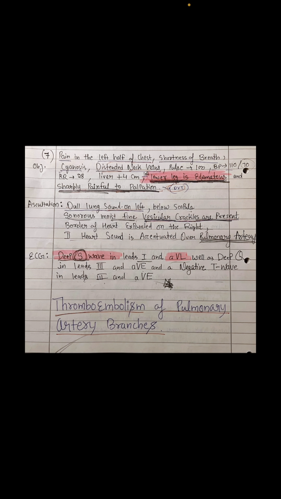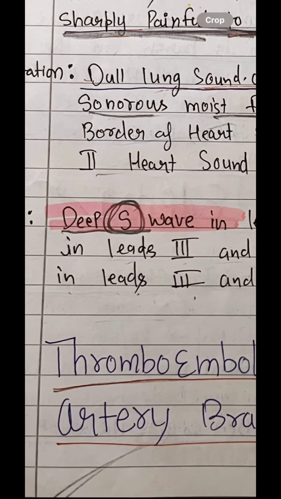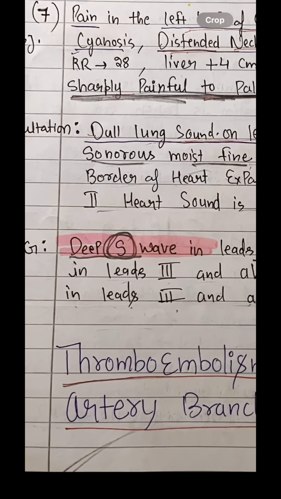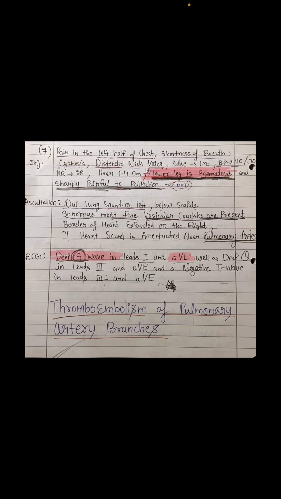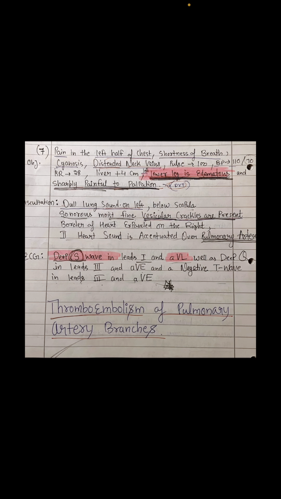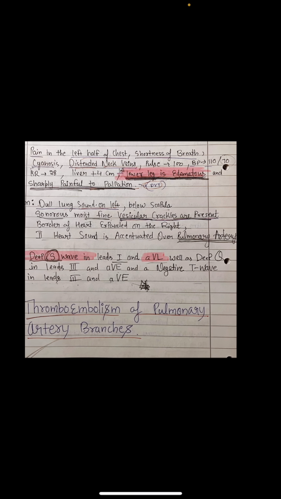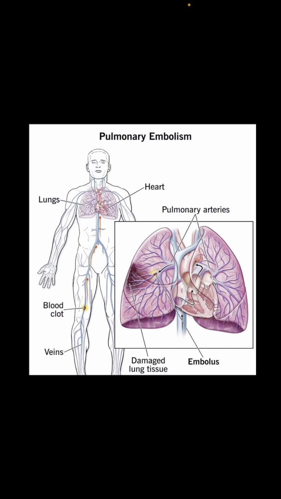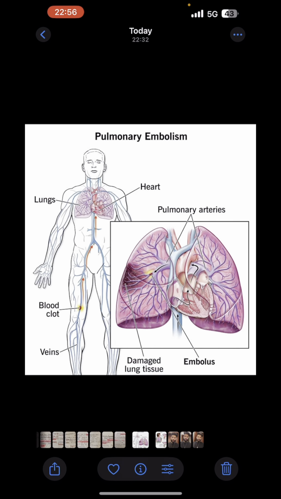However, even if we do not remember this very well, we have our hallmark finding, the deep S wave in lead 1 and aVL. This is one of the hallmark findings for pulmonary embolism, which is also known as thromboembolism of the pulmonary artery branches. So we have seen the picture.